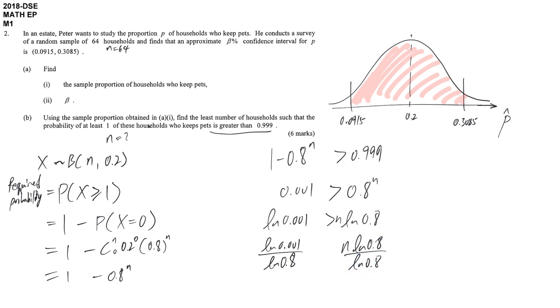So once you take this action, the direction changes, reverse. n is larger than 30.95655 something. So the least value of n to fulfill this requirement is 31.